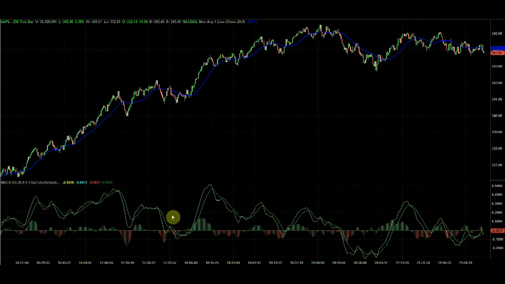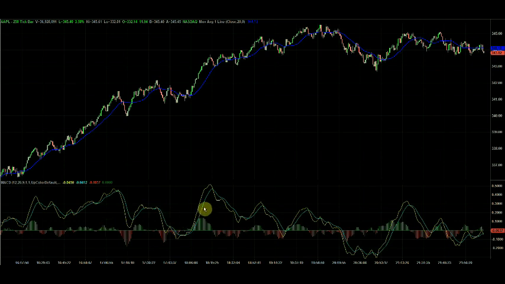Now we're going to look at the MACD, which is a very interesting and useful indicator that at first can seem annoying. It doesn't seem to indicate as much as you'd like it to, and yet there's a lot of hidden information within it.